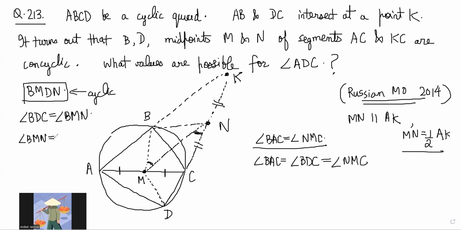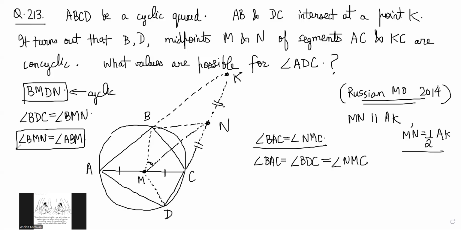But sir, that is not sure. No, it is not true. Because MN is parallel to AB, we know BMN is equal to ABM, because of parallel lines.